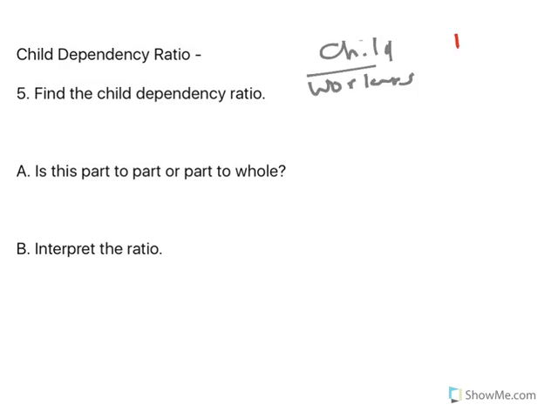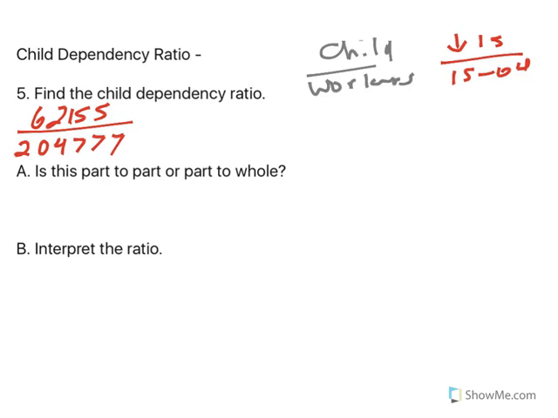So that's under 15 compared to the 15 to 64s. The under 15, we know that's 62,155, and the workers are 204,777. Again, it's a large fraction. It's hard to deal with. But I can change it to a decimal by dividing, and I get 0.304.